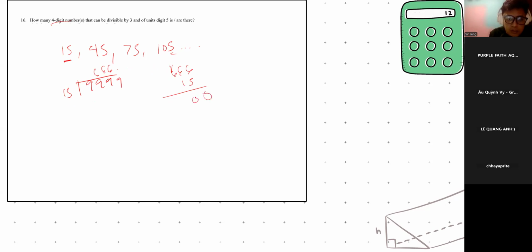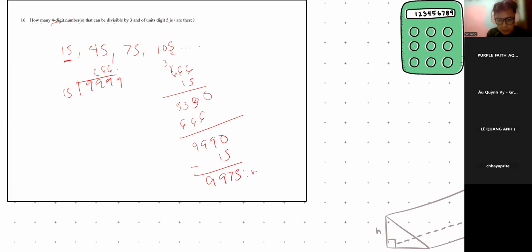That's 9990, right? Since this does not have a units digit of 5, we need to subtract 15. So 9975. That should be the maximum.